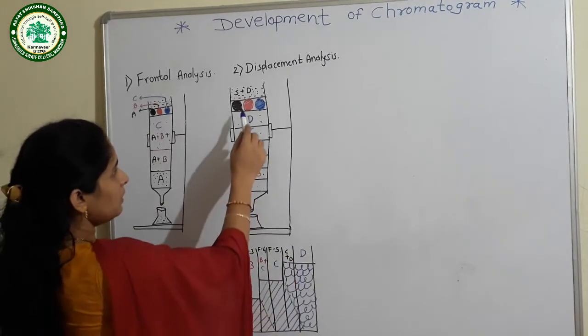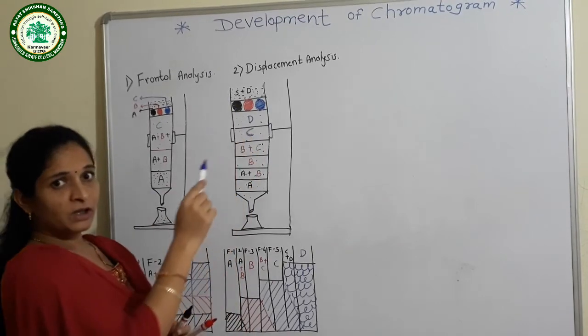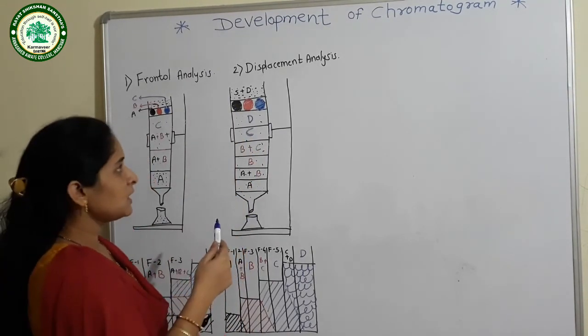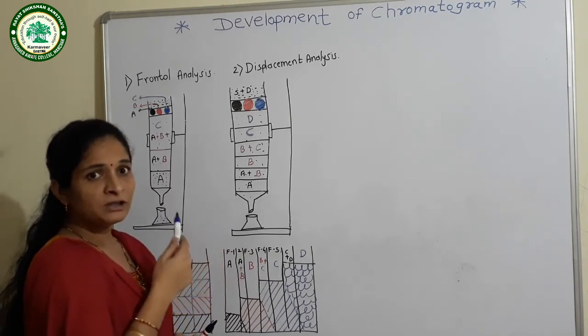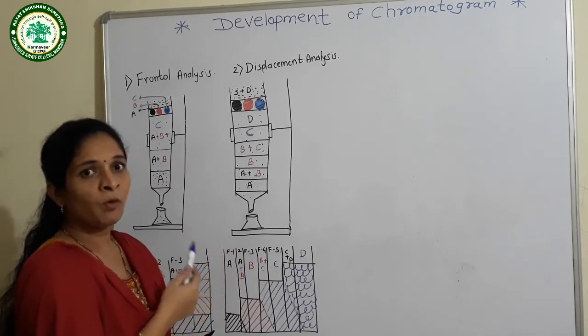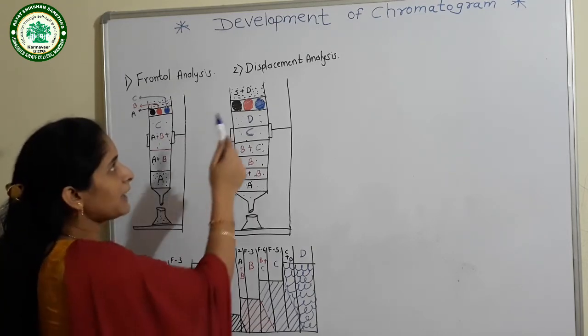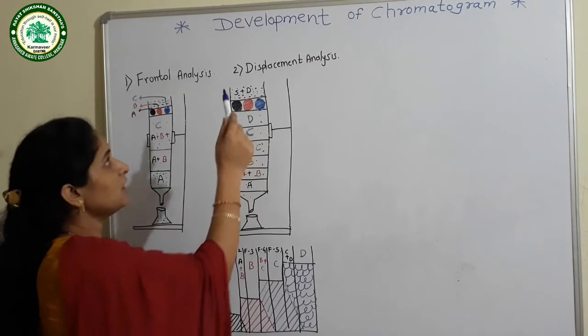Now see here, what is the function of the displacing agent? The displacing agent displaces components which are strongly adsorbed over the stationary phase. They can be displaced by the displacing agent.